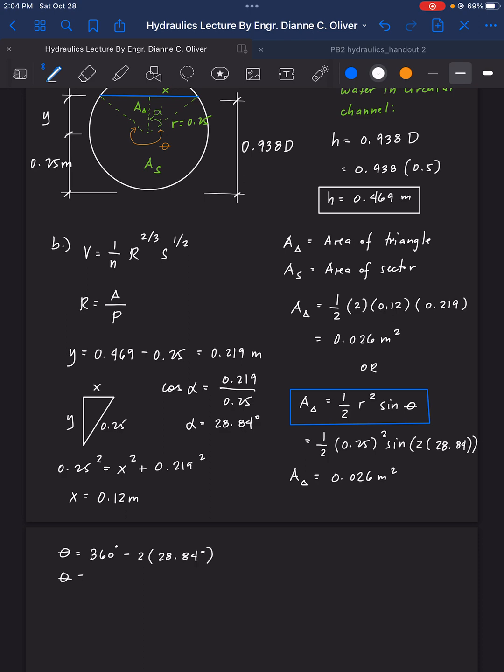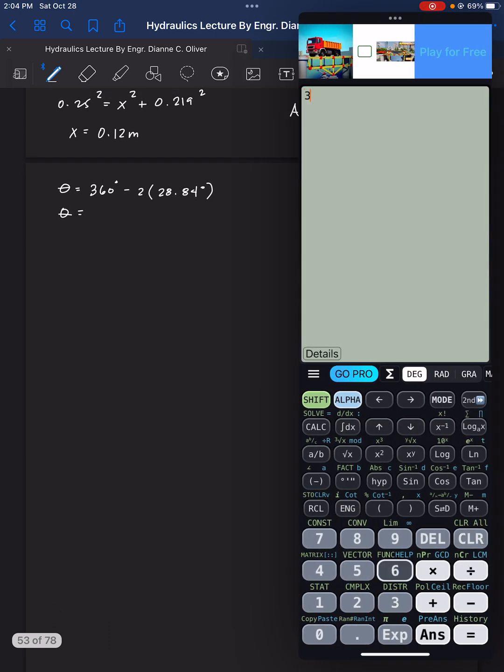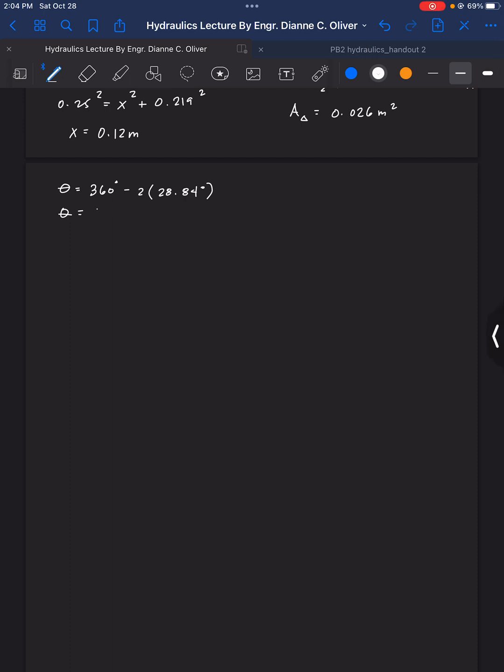So theta now is equal to 360 minus 2 times 28.84. So 302.32 degrees. So for the area of the sector, we can use the ratio.